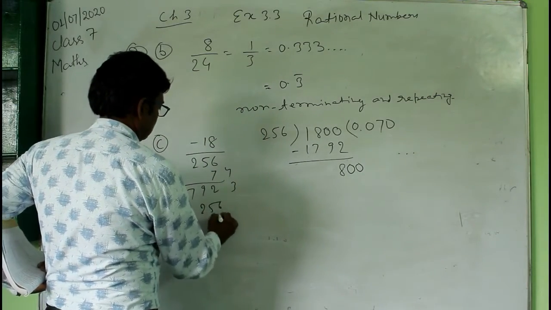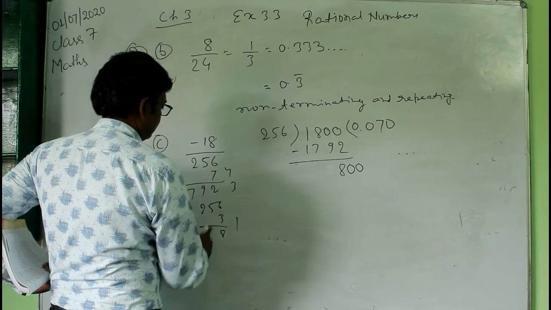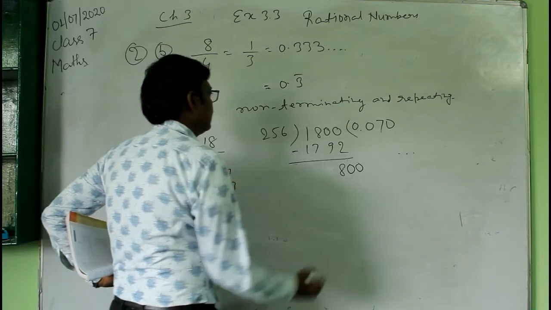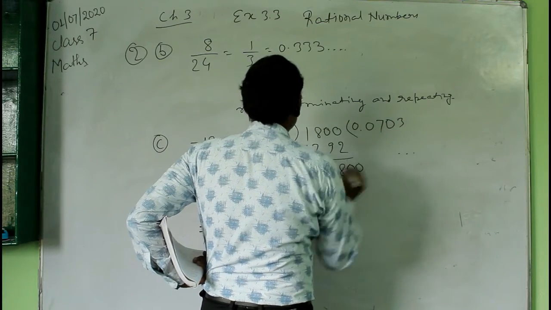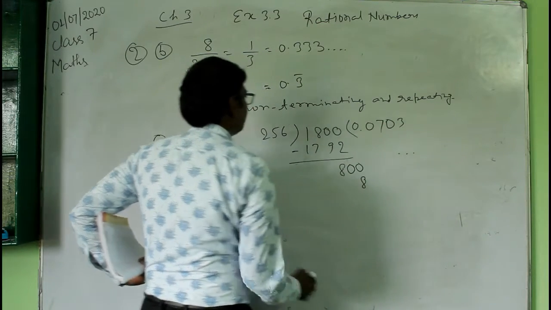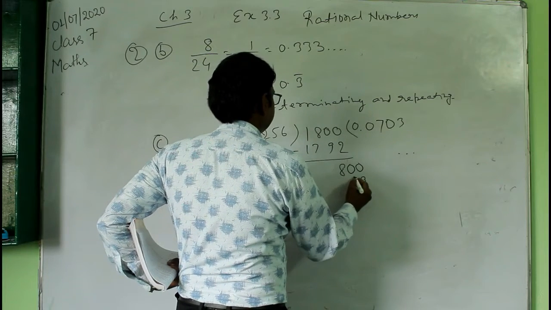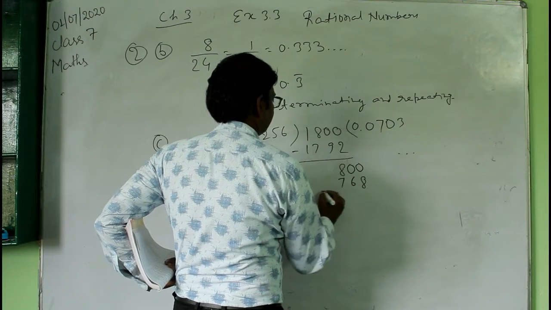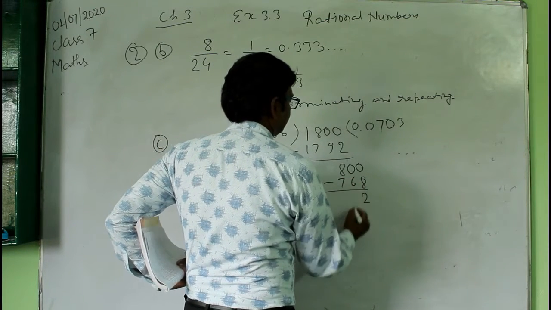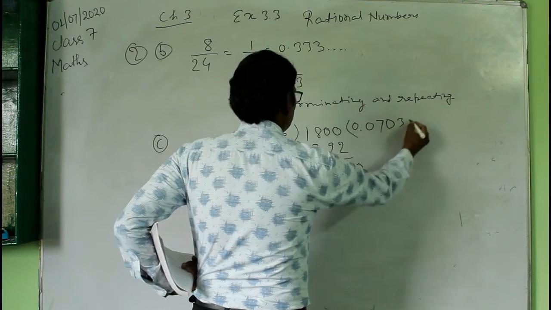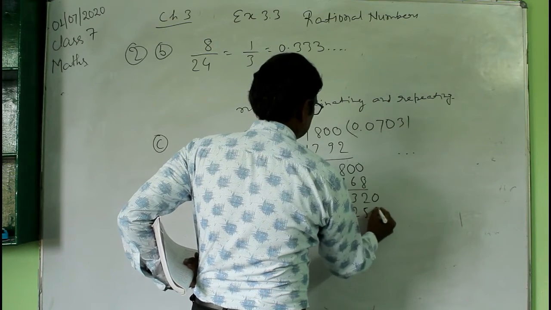Yes, it will go by 3, so write here 3. And again put here 0, then it will go to 56.